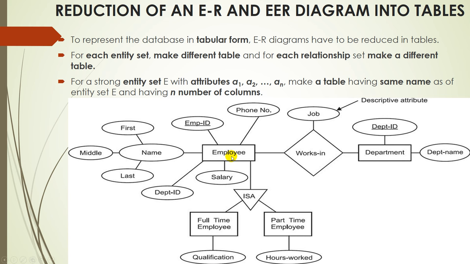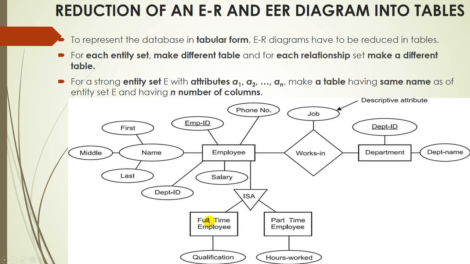Here is one entity named employee, and two types of employee, full-time and part-time. Each employee has an employee ID as the primary key, phone number, salary, department ID, and three names: first, middle, and last.